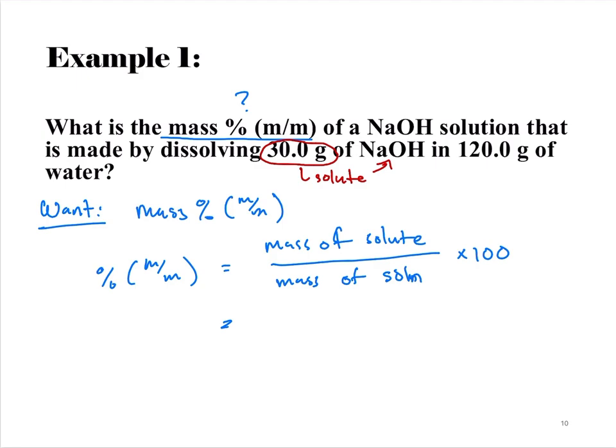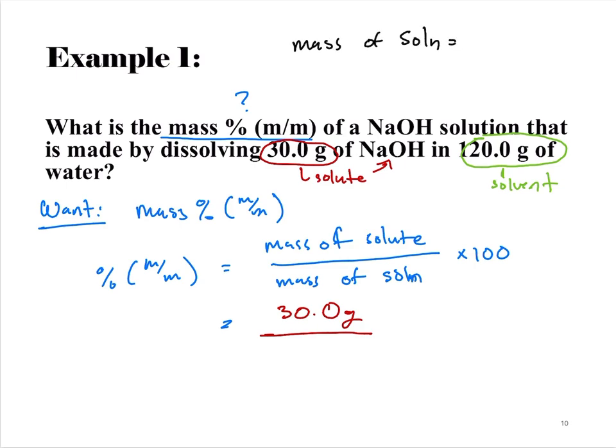And so the mass of solute is 30.0 grams, and then we divide that by the mass of the solution, right? So what's the mass of the solution here? Yep. This is going to be our solvent, right? And then the mass of solution is equal to 30.0 grams plus 120 grams, right?